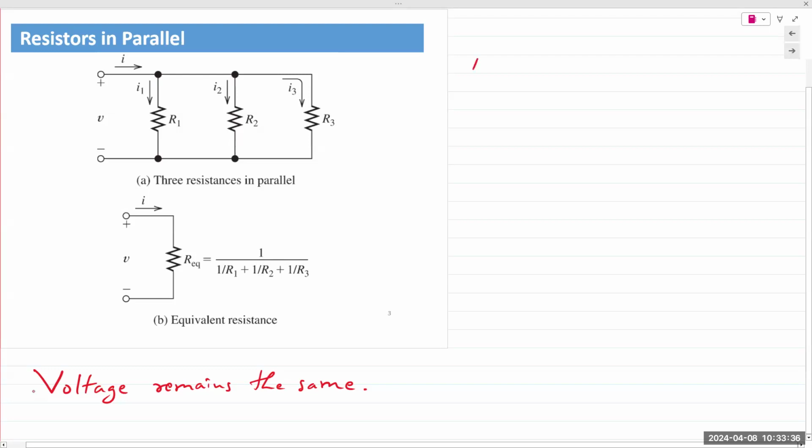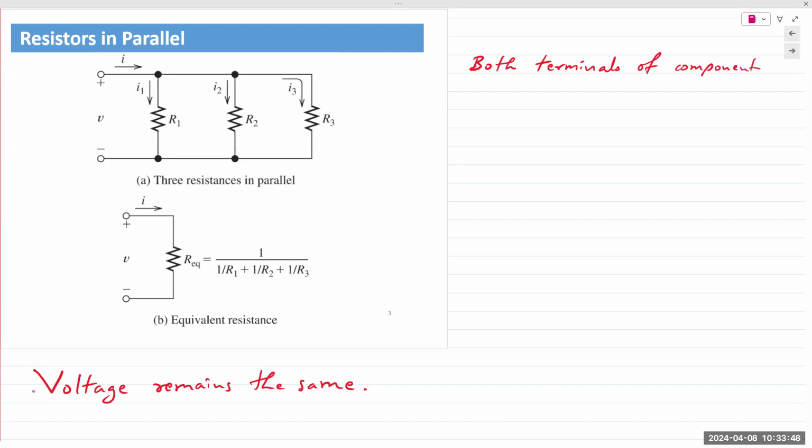Or I would say both terminals of components must be connected together.